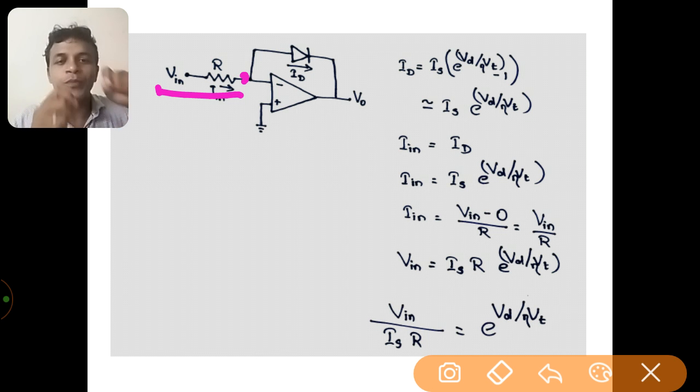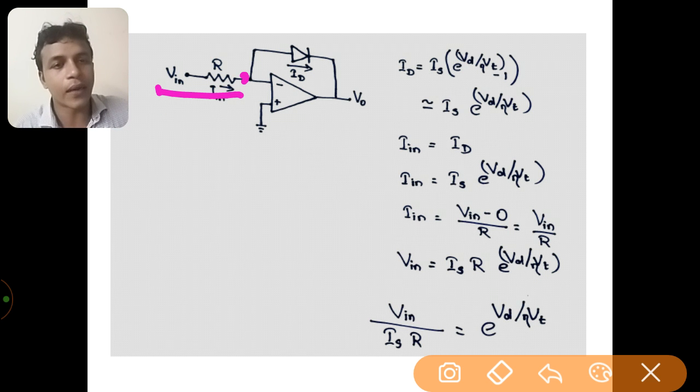But since the input impedance of an operational amplifier is very high, for an ideal operational amplifier the input impedance is infinity, and practically it is very high, the current does not enter the operational amplifier.